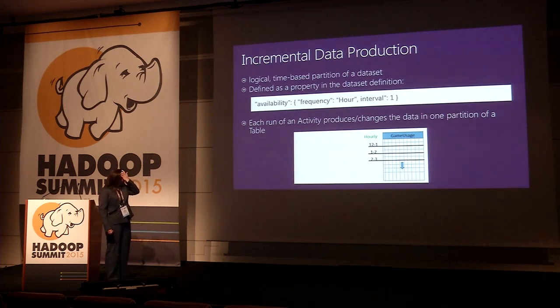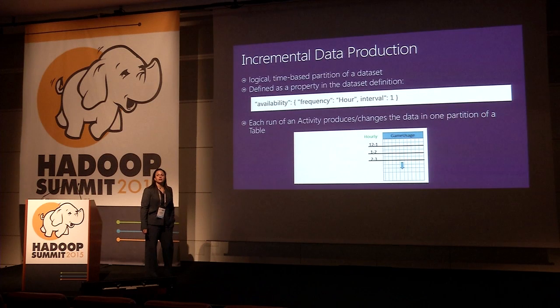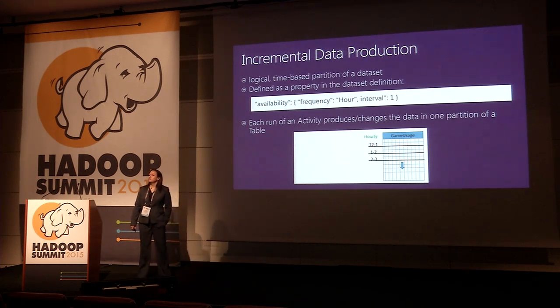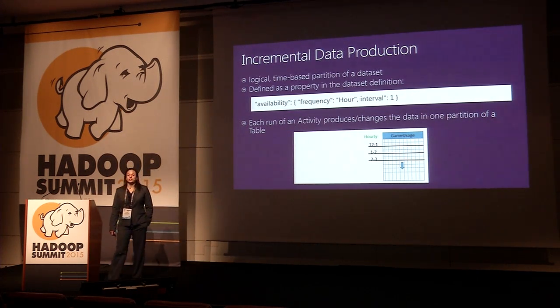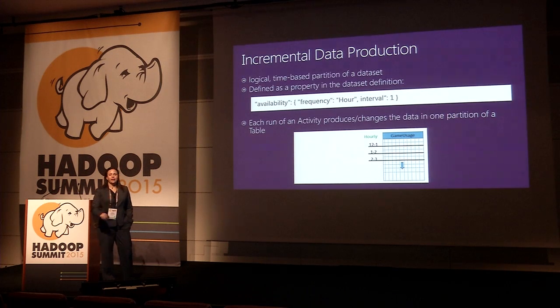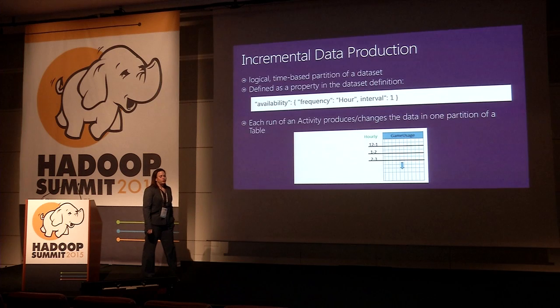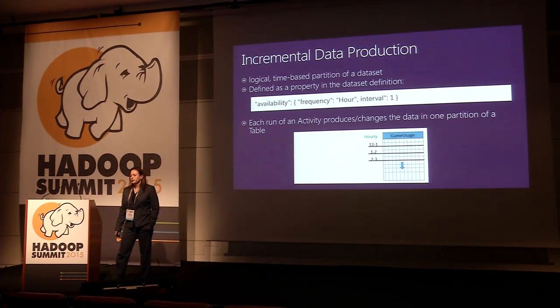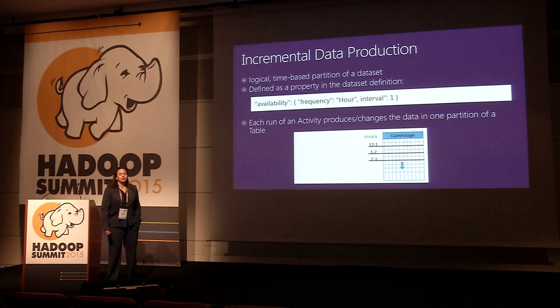All right, I wanted to take a second and go into a little more detail on incremental data production. This is on the cold path or the batch processing side. So in Tyrone's case, to do this cold path analysis, they essentially decided that they needed to partition their data by hour.